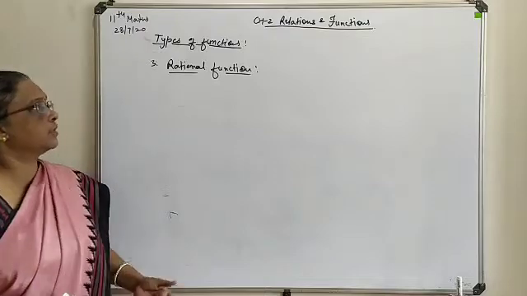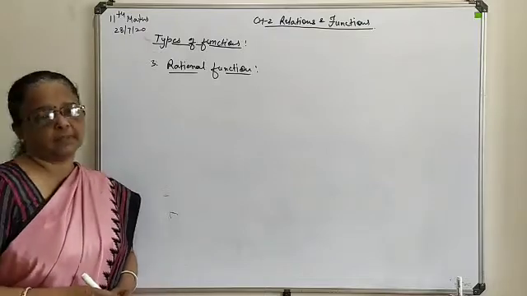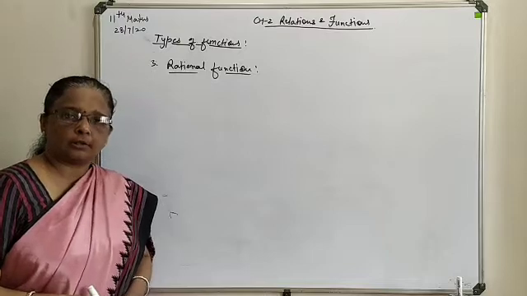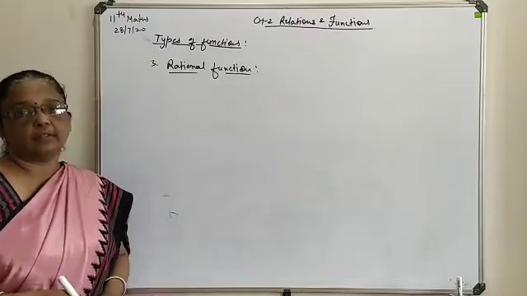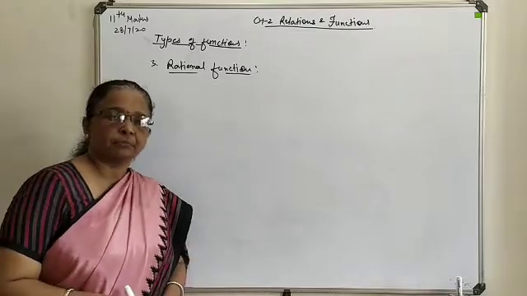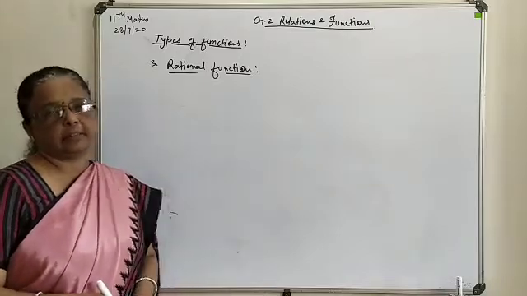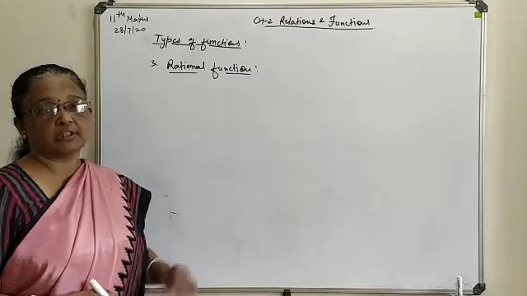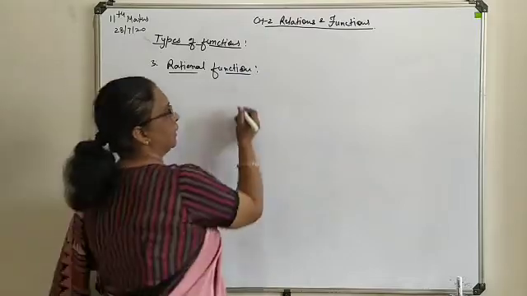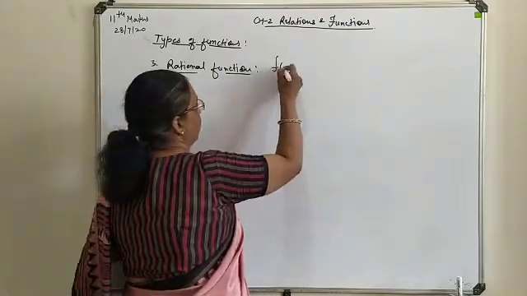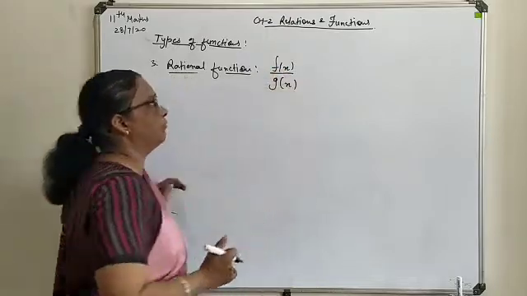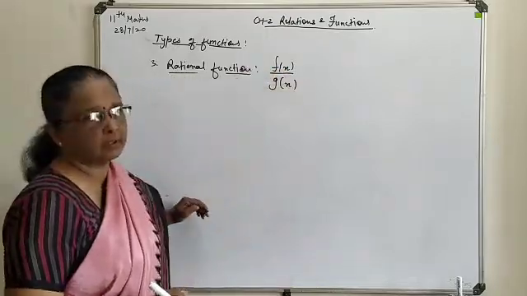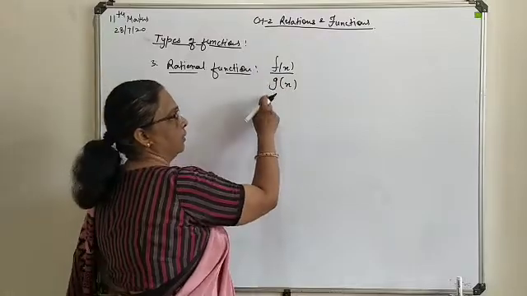Meaning if two functions are written in a fractional form, numerator and denominator, it can be expressed as a rational function. But there is one condition which you have to keep in mind while writing the value of a rational function. Normally rational functions are defined as a fractional form with two functions, f(x) upon g(x).